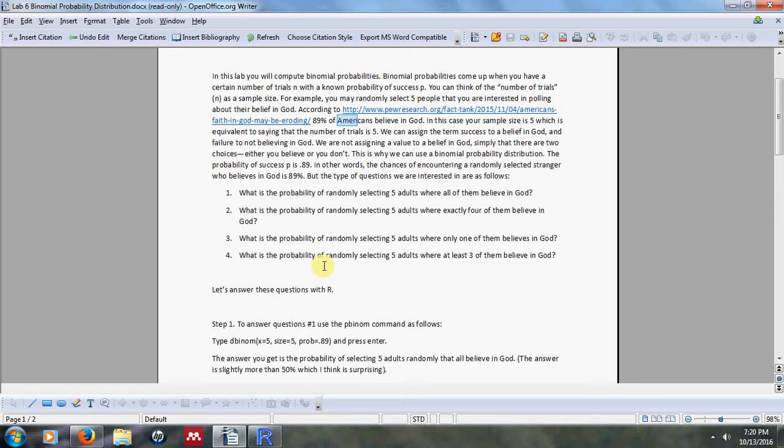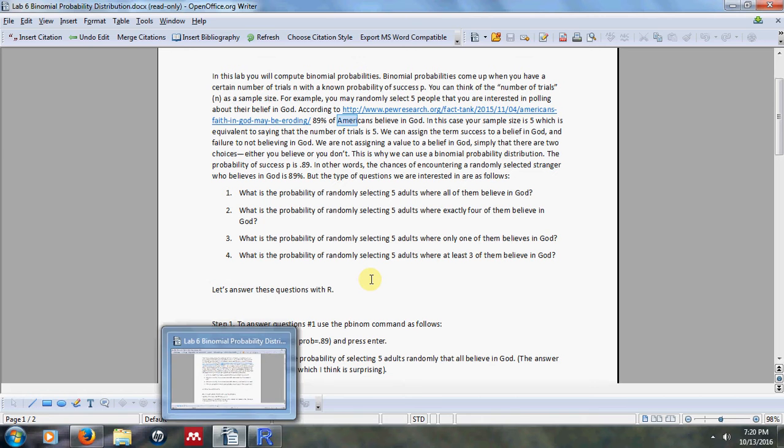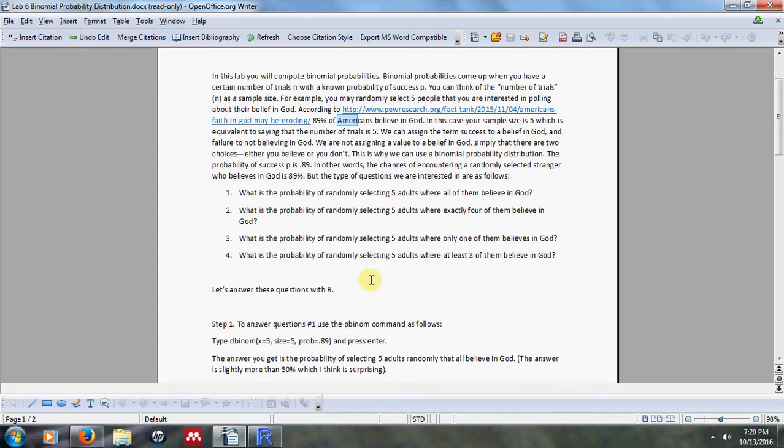And so that's our x, that's our variable, and then the sample size is 5. And maybe I could have made that more clear. It's among 5 trials. Well, we say that in the introduction. Among 5 trials, in other words, a sample size of 5. What's the probability that all of them will believe in God?